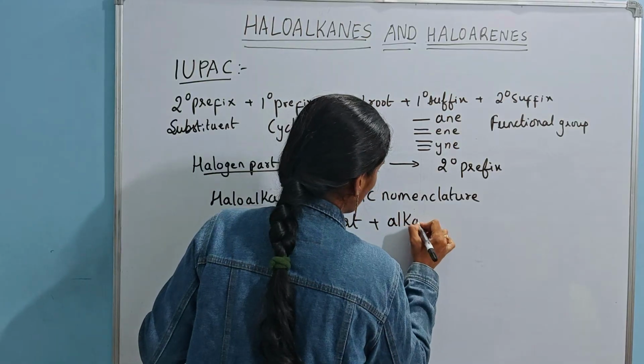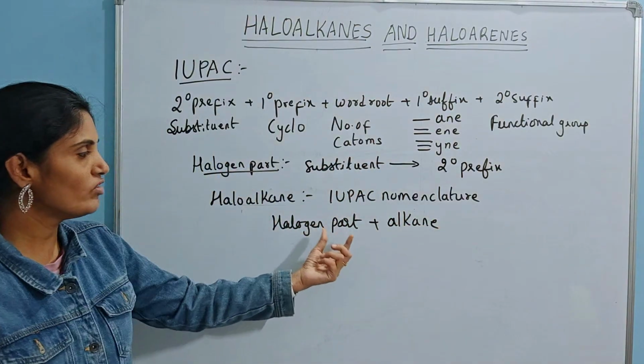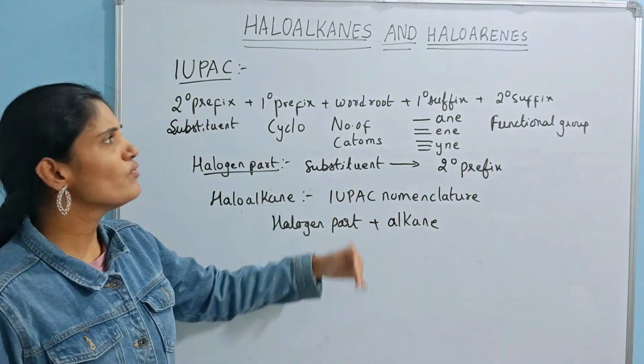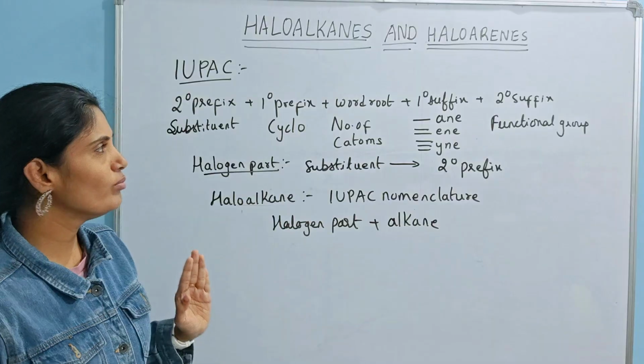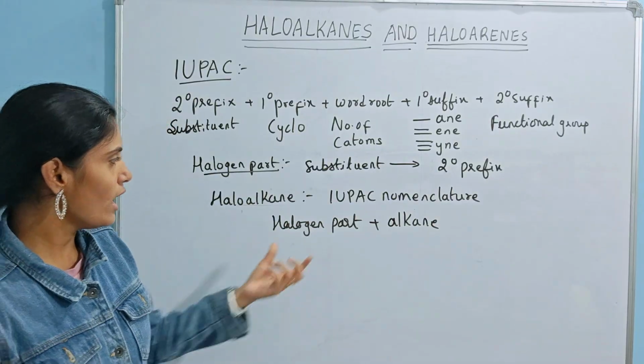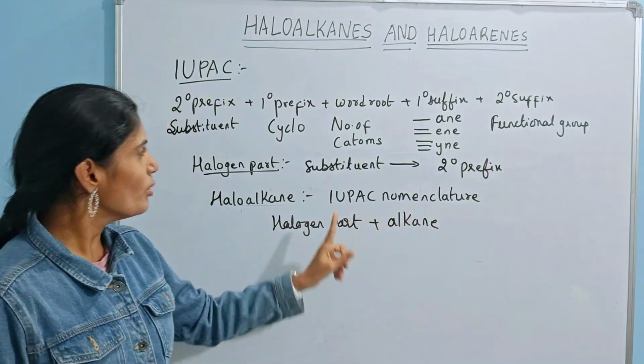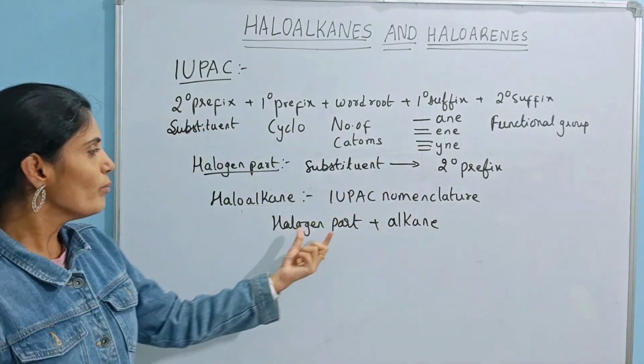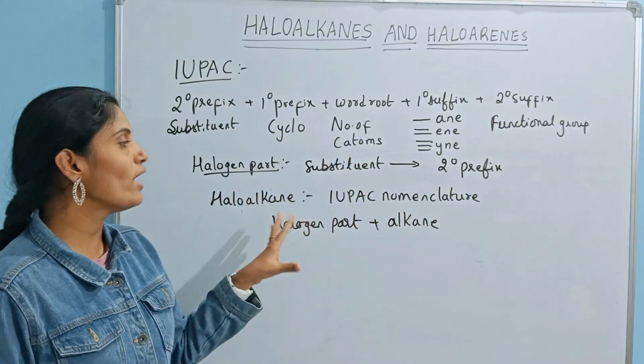So always the halogen part should be taken as your secondary prefix. If you have any other things that you can incorporate in between, that is not a big problem. Halogen part, then alkane part. Before that you will write the word root and all that will follow according to the format. But first, which part should you write in a haloalkane?